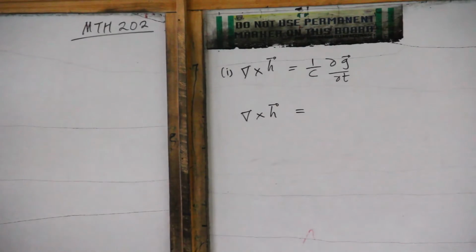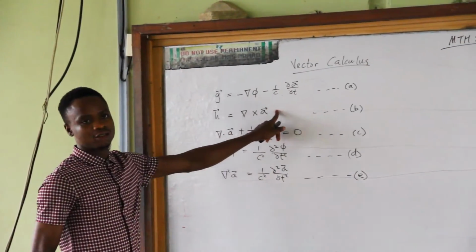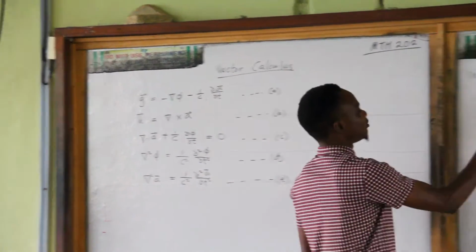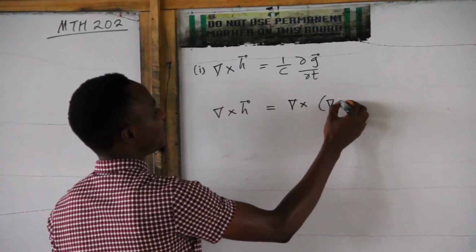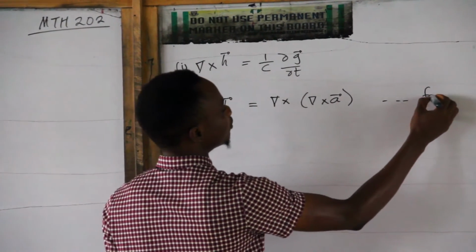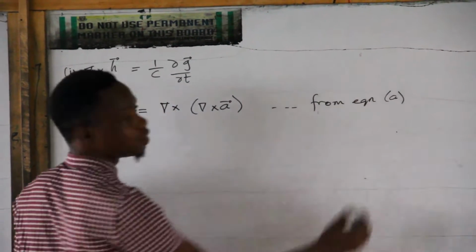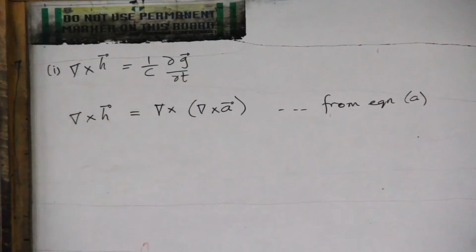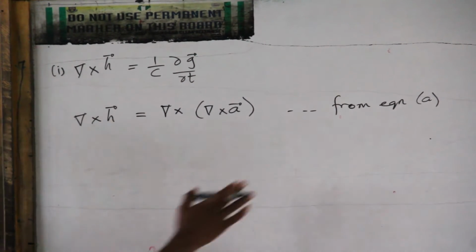You have been told that H is nabla cross A. So I will substitute that. I know nabla cross H will be equal to nabla cross nabla cross A. Does that make sense to you? This will follow from equation A. You understand that? Is that clear? From A, this will be equal to, okay, B, sorry, B.